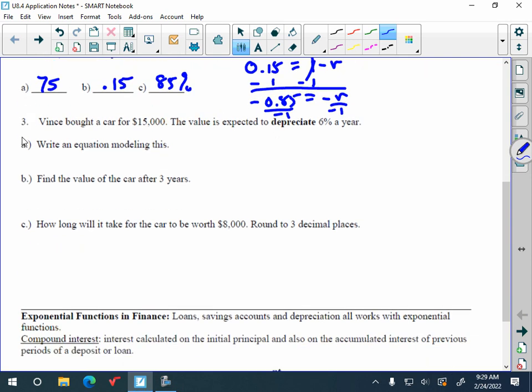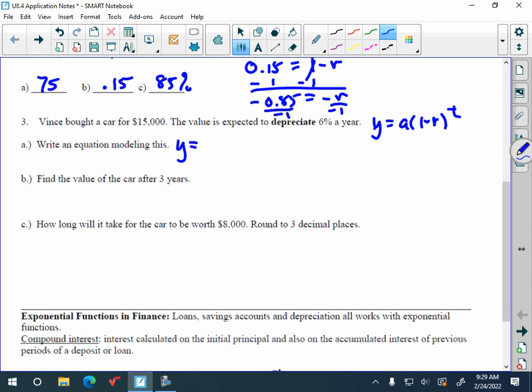All right, number three, Vince bought a car for $15,000. The value is expected to depreciate, that's decay, decrease, 6% a year. Write an equation that models this. So our formula that we're starting with is y equals a times 1 minus r to the t power. Now we just plug the numbers in the right place.